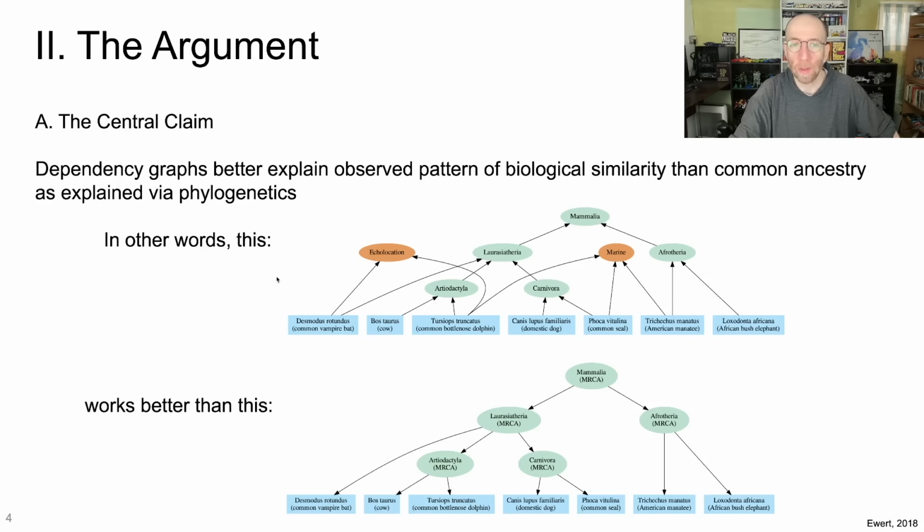And then in the dependency graph model, we're adding modules for, in this example, echolocation and being marine, living in the water, and this supposedly does a better job explaining the pattern of similarity here compared to this. Right? That's the central argument that we're going to be evaluating.